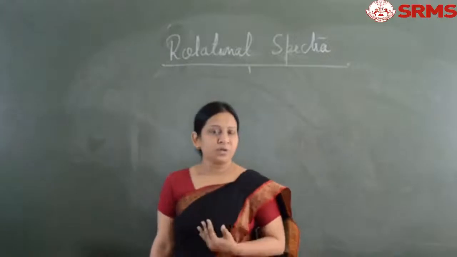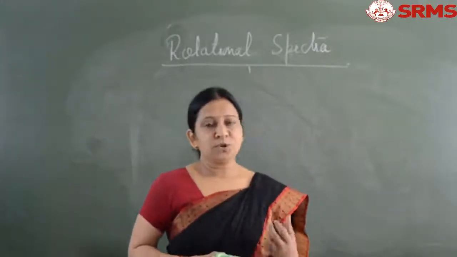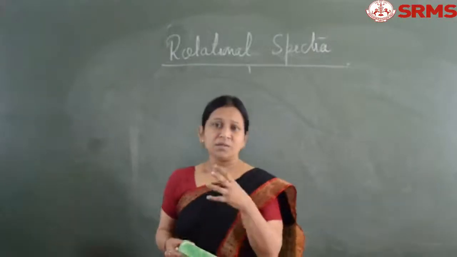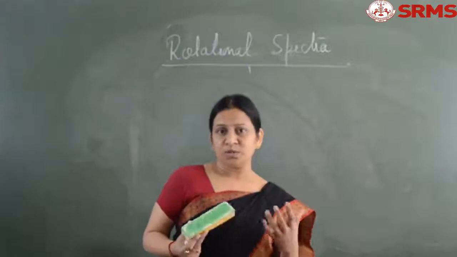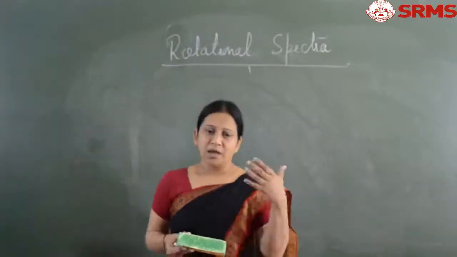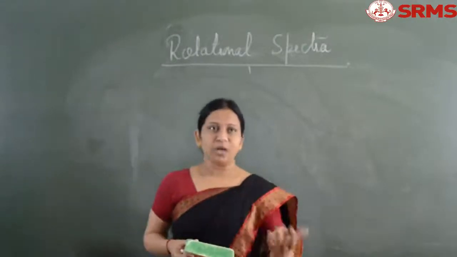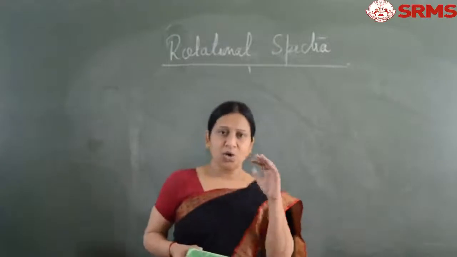Under rotational spectra, we are going to discuss the conditions for a molecule to give rotational spectra. Then there is a short derivation about how the diatomic molecule is going to behave, and by that derivation we are going to calculate many terms which will be used for calculating bond length, dipole moment, moment of inertia, all these terms.